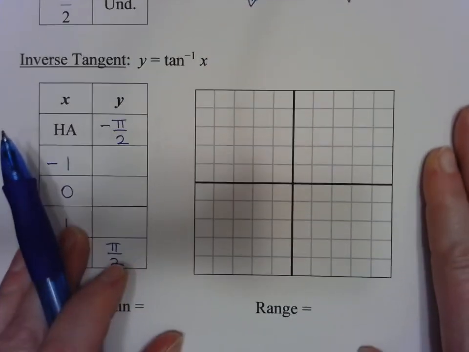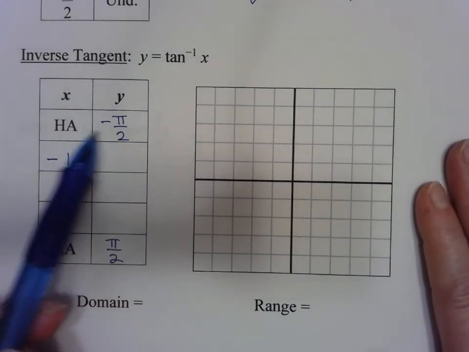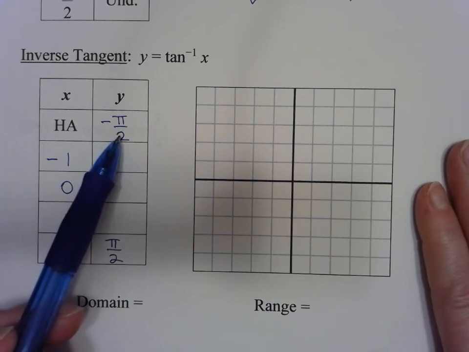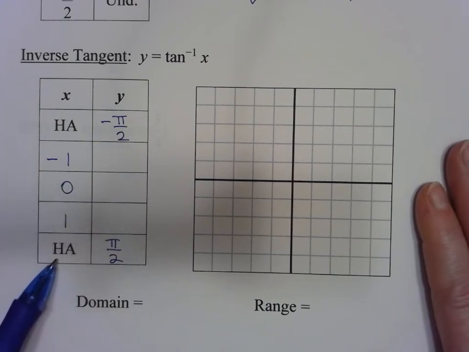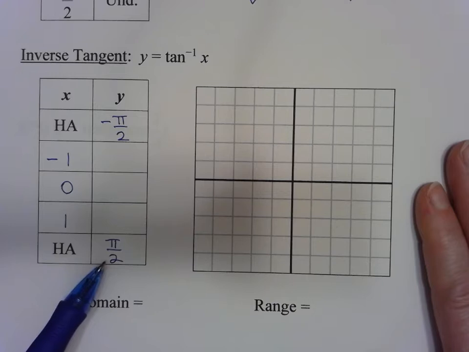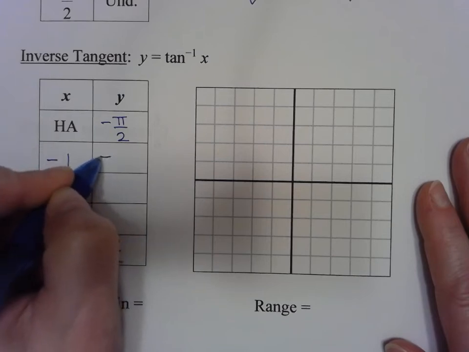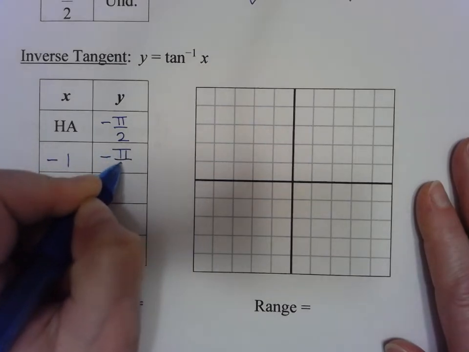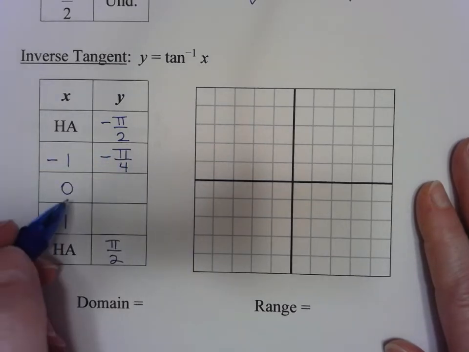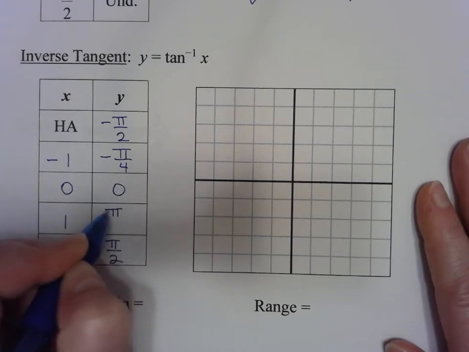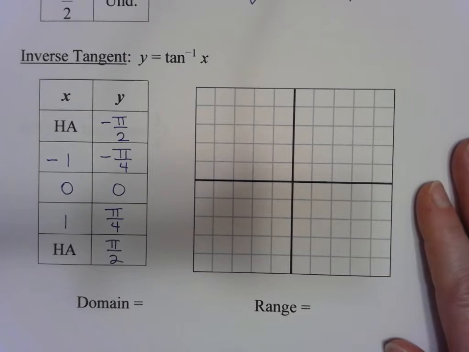So for the inverse tangent, as we're going towards negative infinity, the y value is going to approach negative pi over 2. And as we're going to positive infinity, it's going to approach pi over 2. Okay, but to get -1, we used negative pi over 4 to get that. The tangent of 0 is 0, and the tangent of pi over 4 is 1.